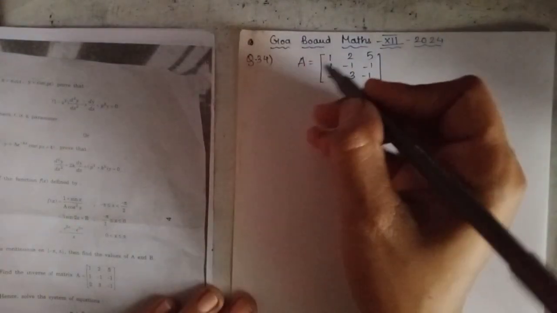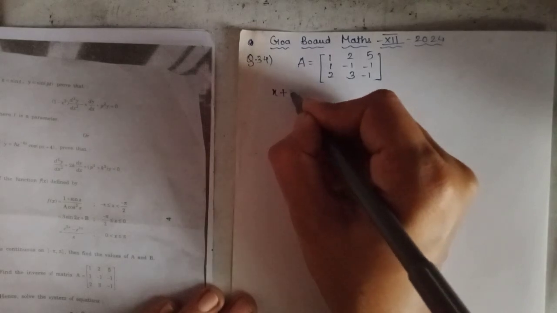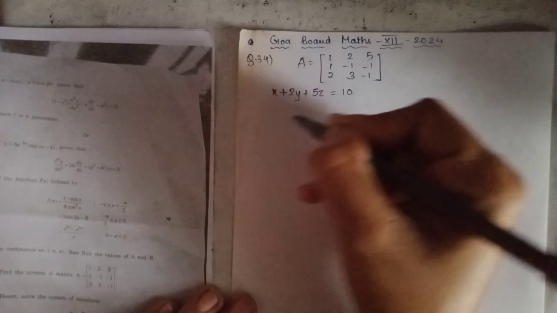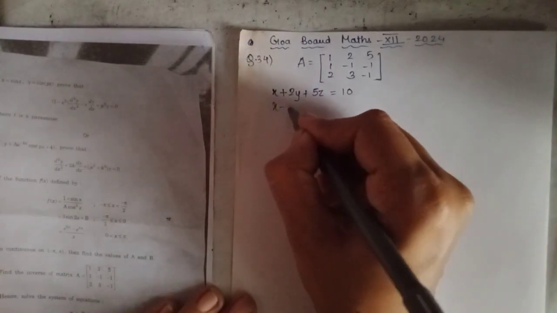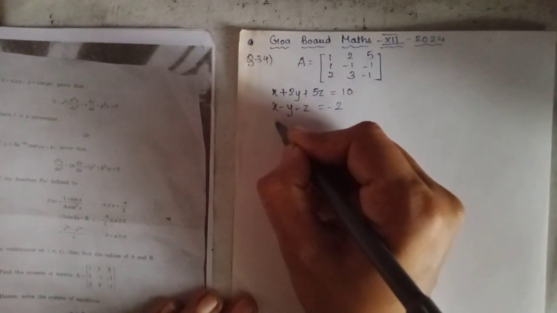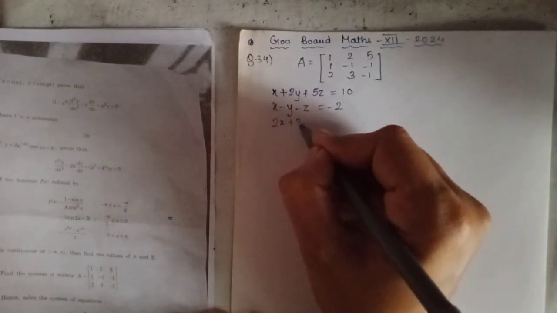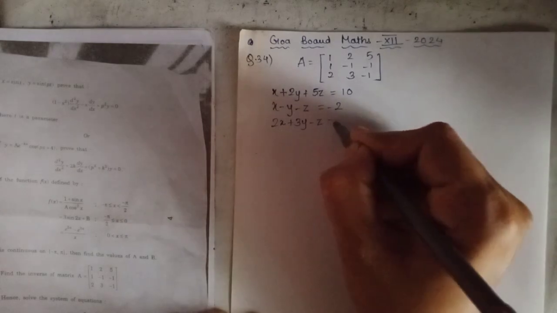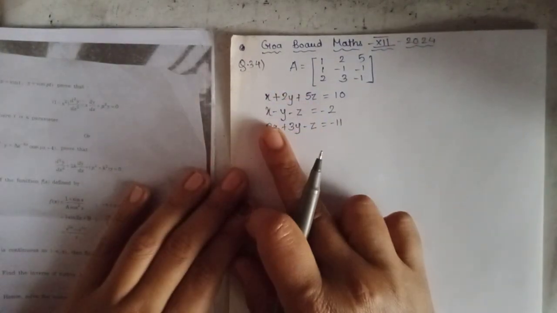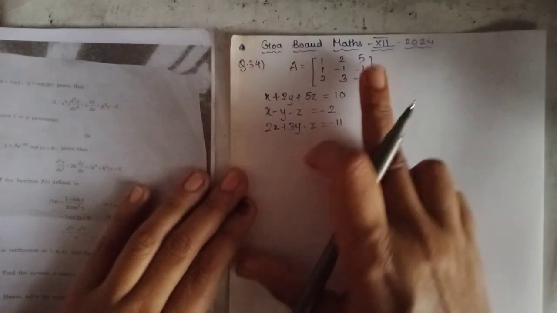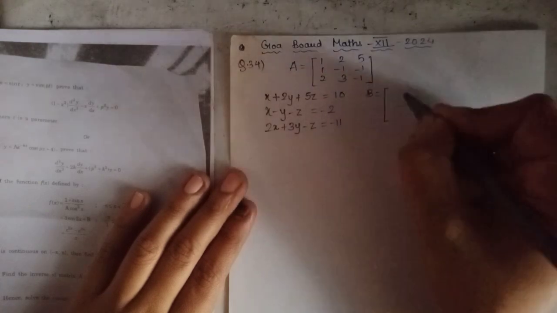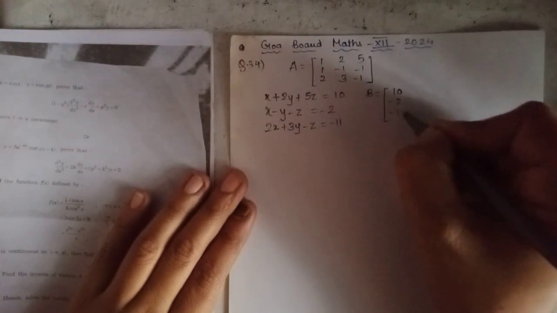The system of equations given: x plus 2y plus 5z equal to 10, x minus y minus z equal to minus 2, and 2x plus 3y minus z equal to minus 11. So from this we know that this is our A matrix, and the B matrix is 10, minus 2 and minus 11.